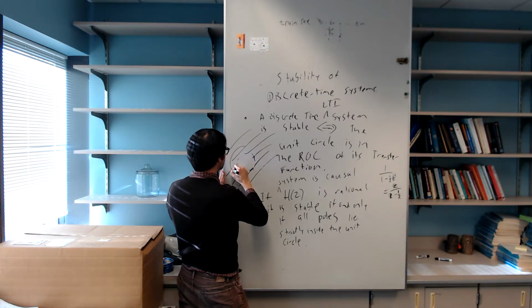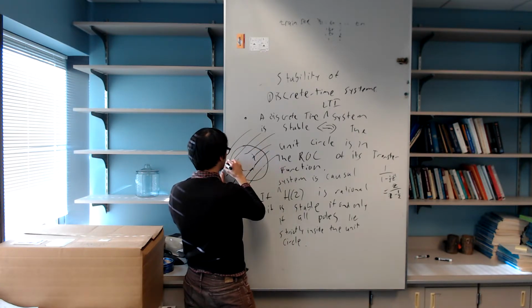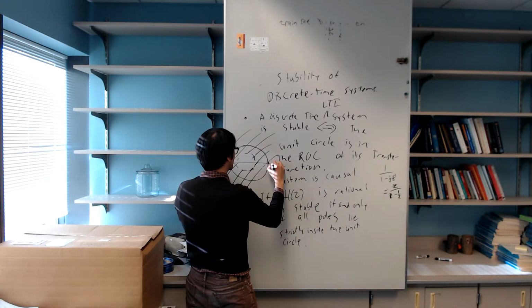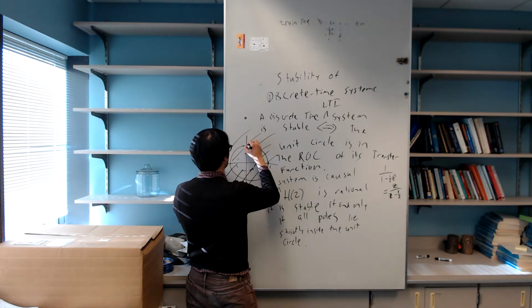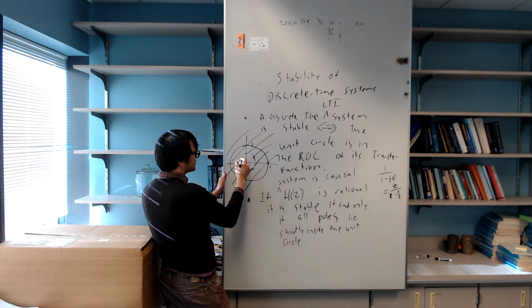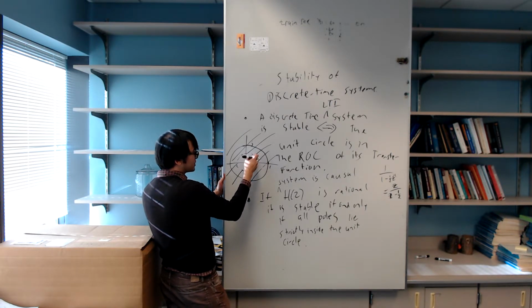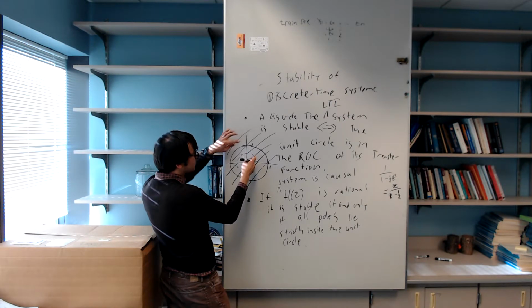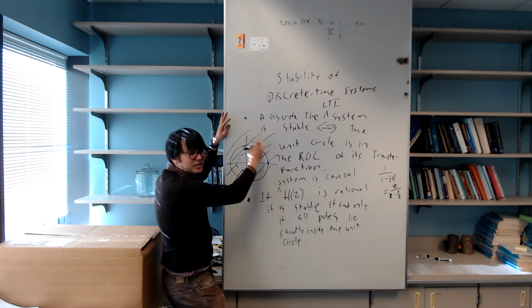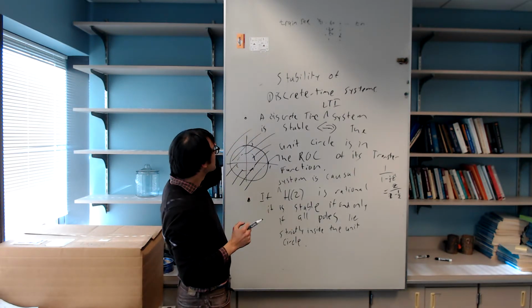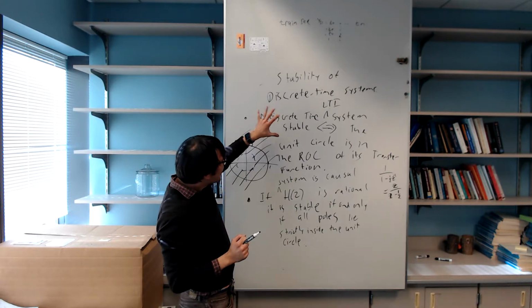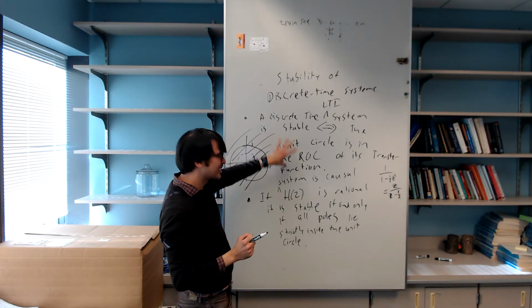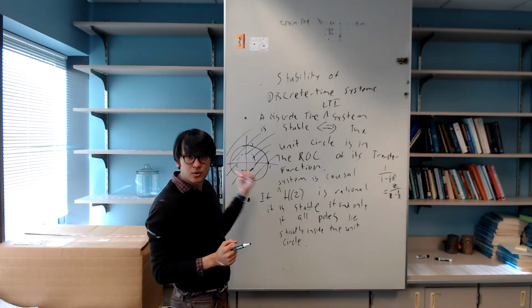So if this is the unit circle over here, out at 1, j over here, we're going to need all of the poles to live strictly inside the unit circle so that the unit circle can be contained in that region of convergence. So once we understand how this works, this is just kind of automatic based on what we saw before.